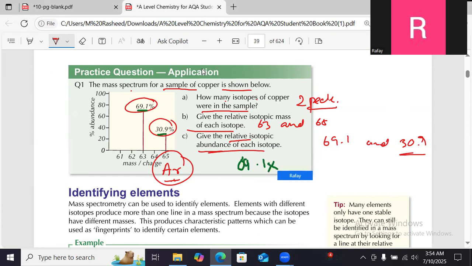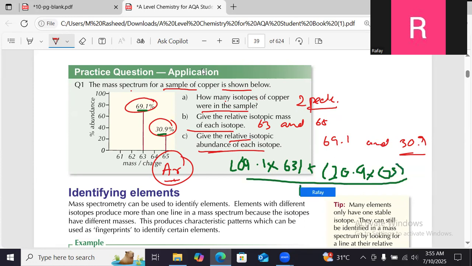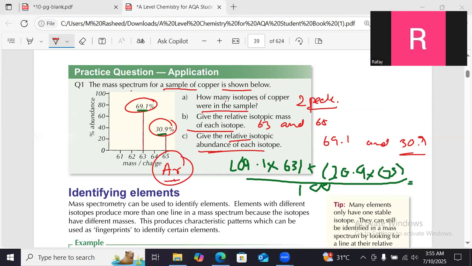69.1 times 63, add 30.9 times 65, over 100. So 69.1 times 63 plus 30.9 times 65, over 100.